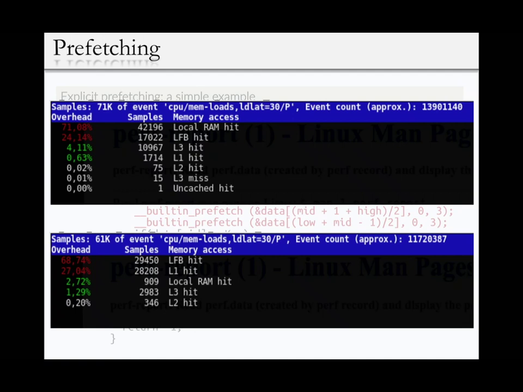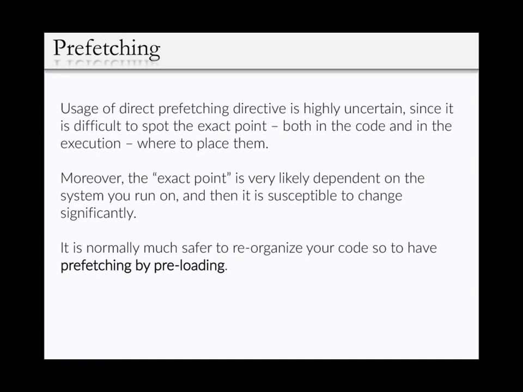But in any case, what changes here is that L1 hit is less than 1%, and here you have 30% basically. And also the LFB. Instead here you have a local RAM hit of 70%. So 70% of the time you have to get to the RAM.